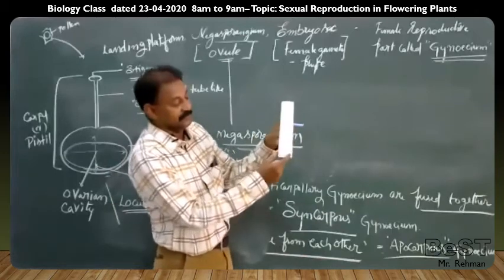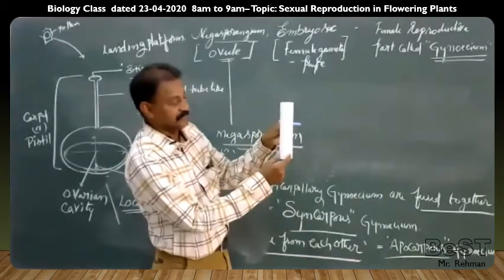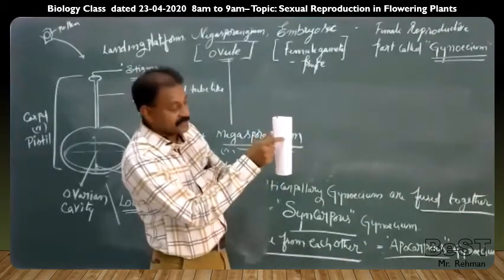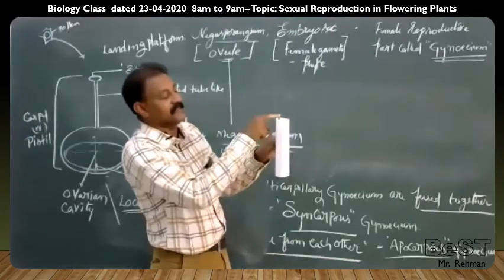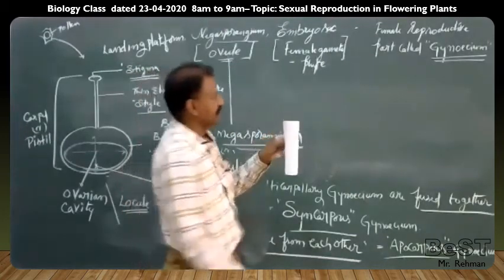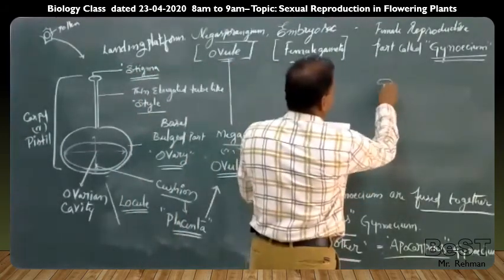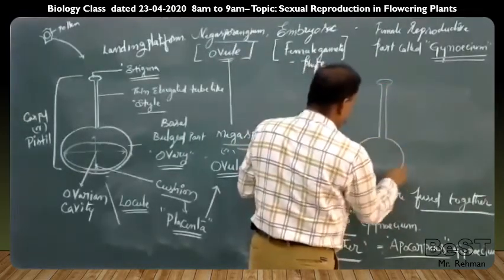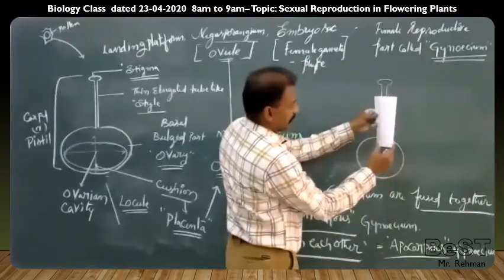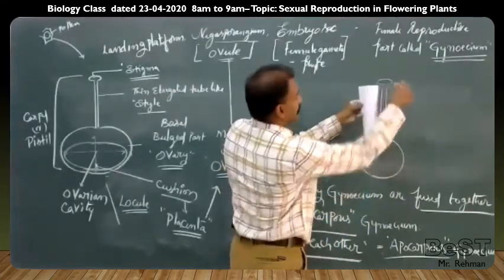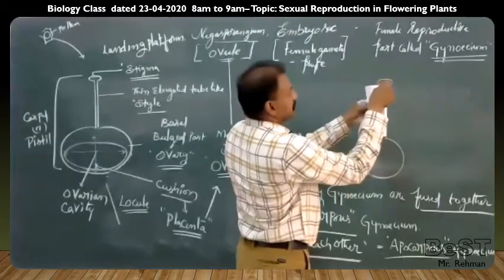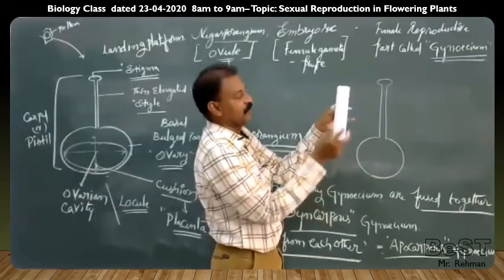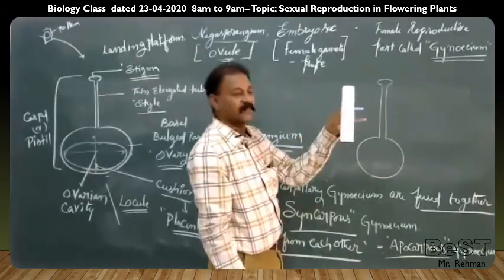Just imagine this part is ovary, this part is style, the upper part is stigma. Ovary, style, stigma. So this is a carpel, a single carpel with a single ovary, single style, single stigma.